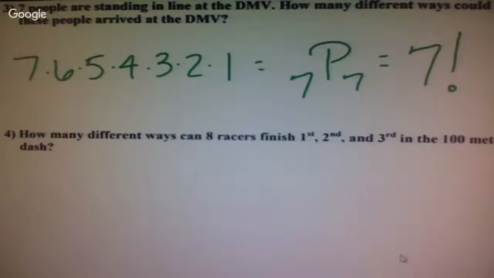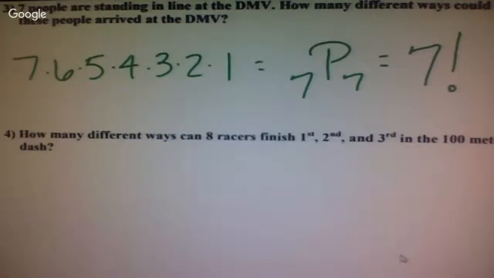So when you start at a number and use all the numbers clear down to 1, these 2 numbers should match from my permutation, or you can write it as 7 factorial. The 7 factorial goes the whole way down to 1. Does that make more sense why you couldn't use it on the last one?